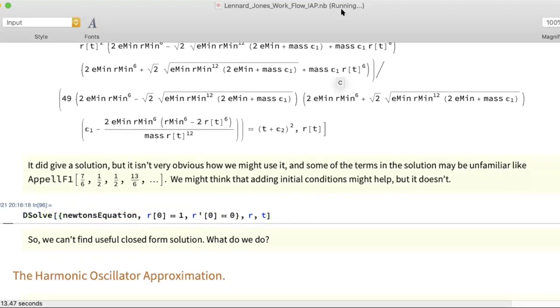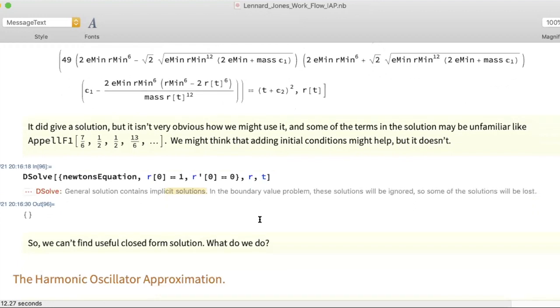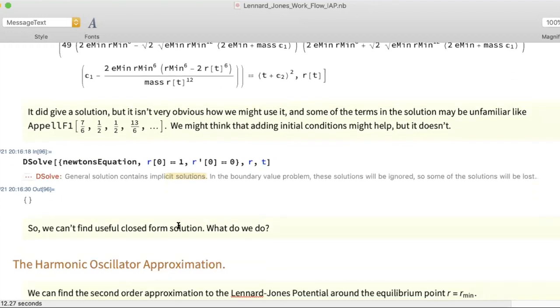I've sent it off to start trying to calculate this, and it will come back in a minute, and it will say the general solution contains implicit solutions, which is what we had up here. These solutions will be ignored. And so DSolve is just bailing out and says, we can't do it, okay? So we can't find a useful closed form solution.